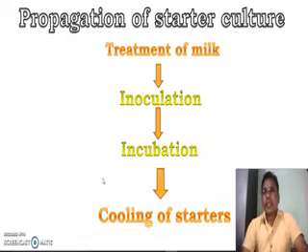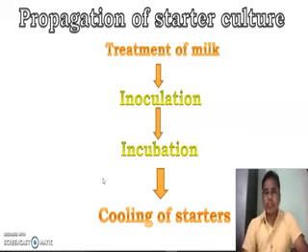If curdling is not present, then again it is heat treated, and then again it is kept as it is for a day. Then again curdling is checked, and if curdling is present, that lot is removed.